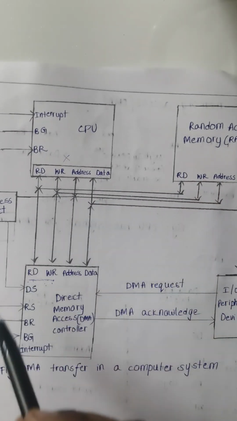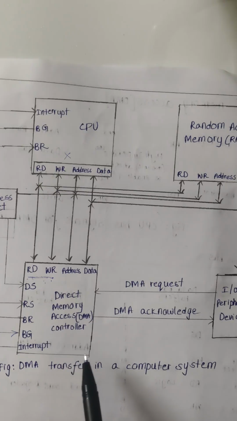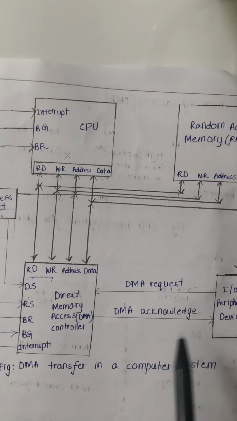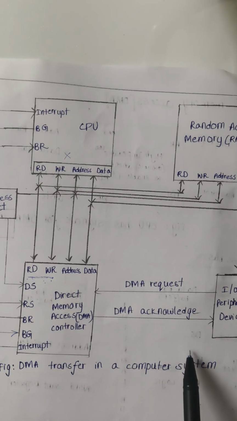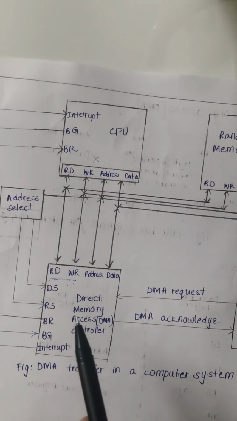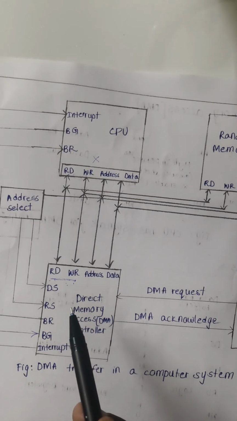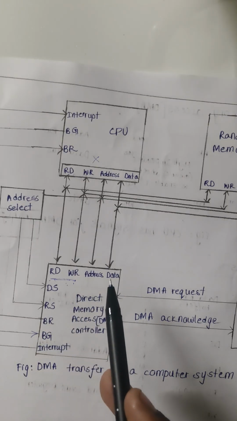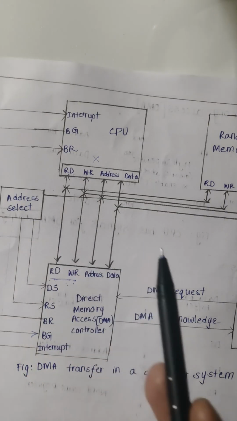The peripheral device, like the input output device, receives a DMA acknowledgement and puts a word on the data bus. Thus the DMA controller, for a read operation or write operation, supplies the address for the memory.